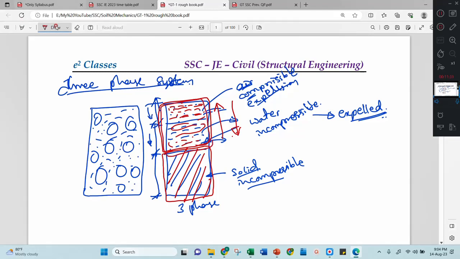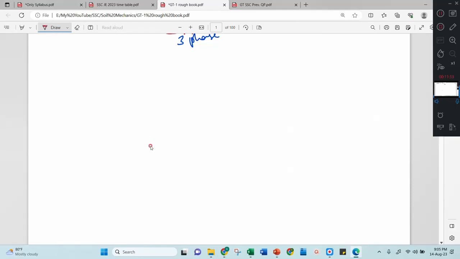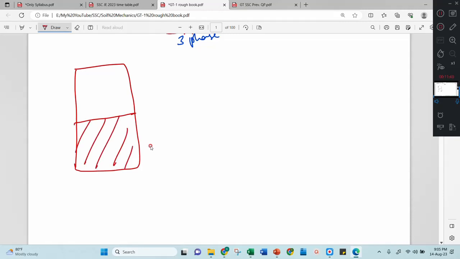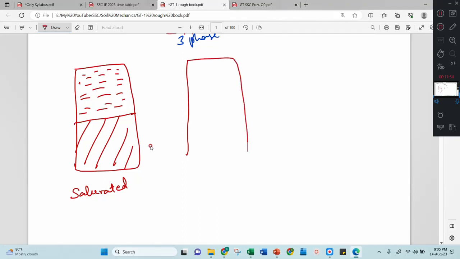That's why we can have two different states of soil. The first one is, this is a solid which will never change, and the entire top portion may be filled by water. Then this state is called the saturated state. Sometimes in summer season, this is a solid which will never change, and the entire top portion is filled by air particles. Then it is called a dry state.